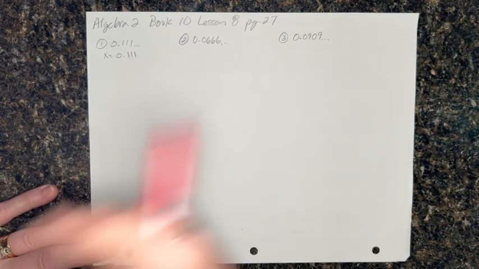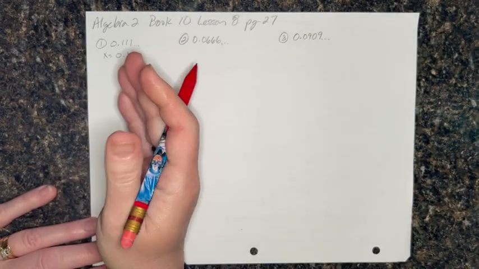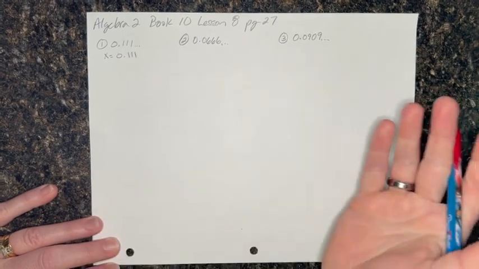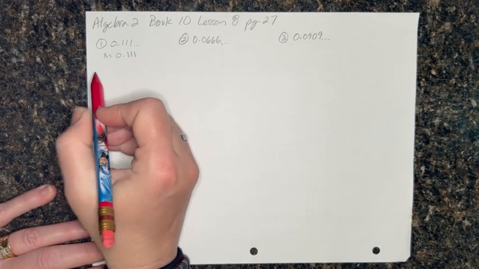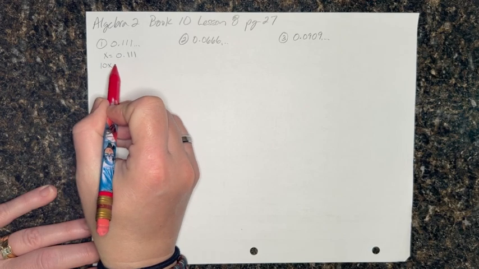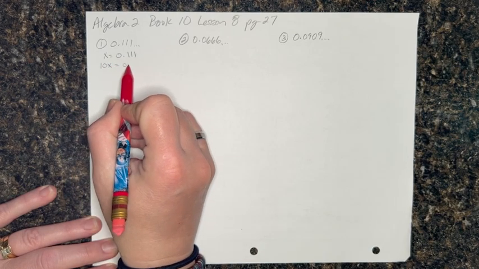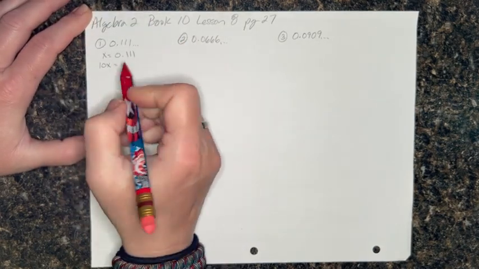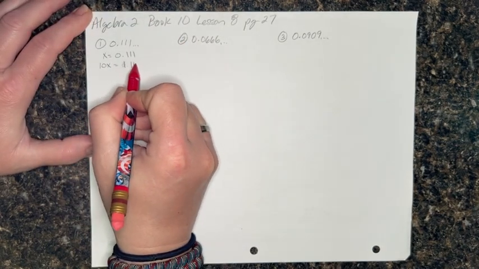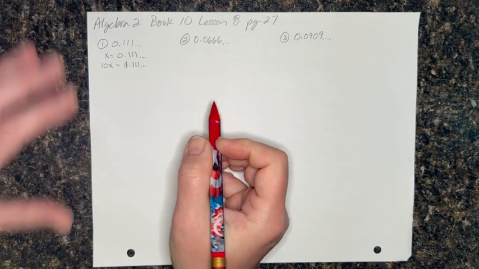0.111, right? Now I need to multiply that by a power of 10 that gets this 1 over 1 point, and that's just going to be 10. So 10x is equal to, now we moved it over, right? 1.111 repeating, okay?